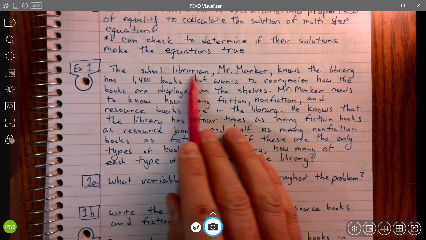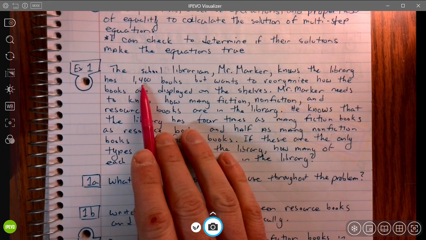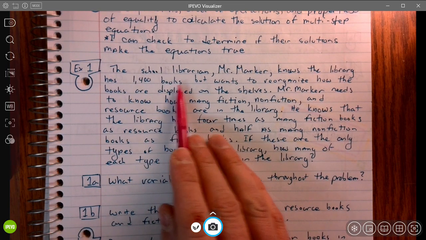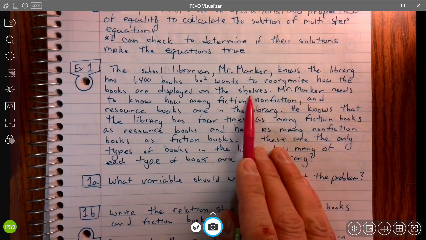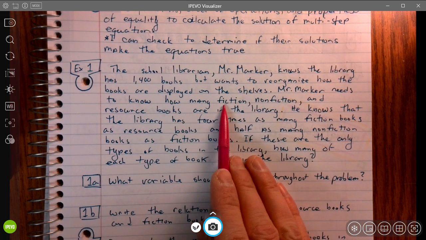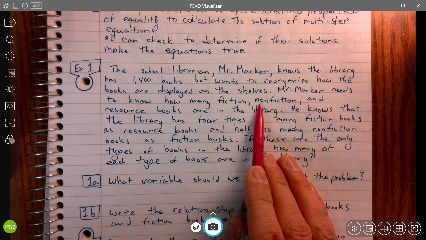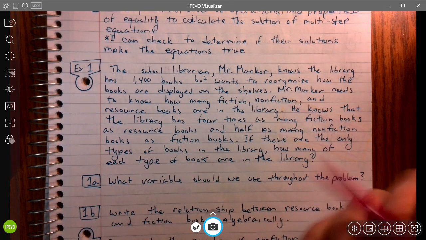The school librarian, Mr. Marker, knows the library has 1,400 books, but wants to reorganize how the books are displayed on the shelves. Mr. Marker needs to know how many fiction, nonfiction, and resource books are in the library.